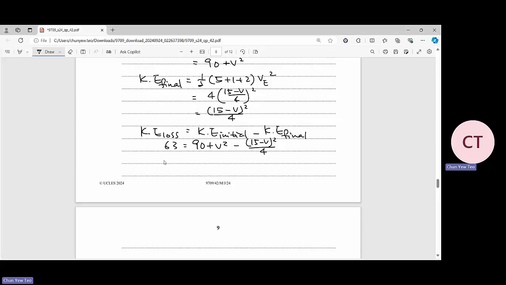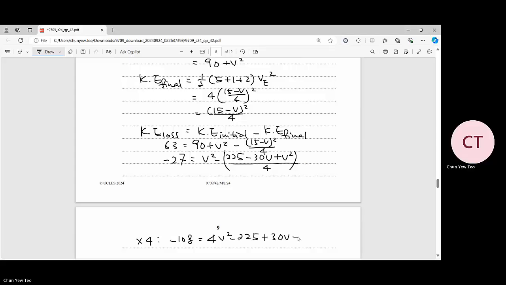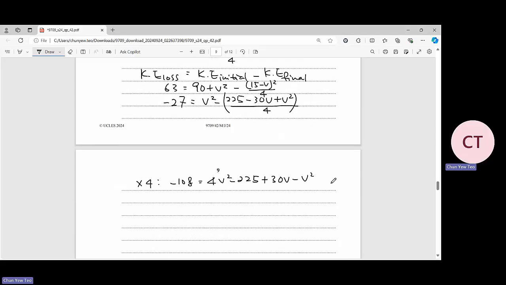Join together, you get negative 27 equals V squared minus (225 minus 30V plus V squared) over 4. Now multiply everything by 4, you get negative 108 equals 4V squared minus (225 minus 30V plus V squared). Simplify again and reorganize everything, you get 3V squared plus 30V minus 117 equals 0. Divide everything by 3.